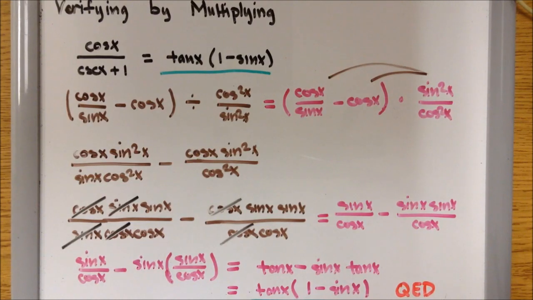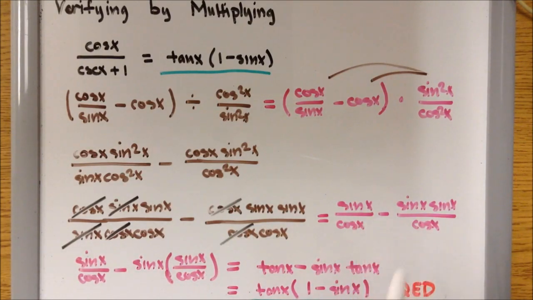So in review, we multiplied by the conjugate, applied the Pythagorean identity, we wrote it in terms of sine and cosine, then wrote it as division of fractions, changed it to multiplication of fractions, and then since we had sine squared and cosine squared of x, I wrote it twice so that it's easy for you to see that I divided one cosine on the top and bottom, one sine on the top and bottom on the first fraction, and then I divided one cosine on the top and one cosine on the bottom.